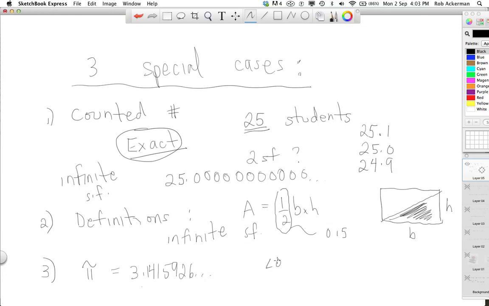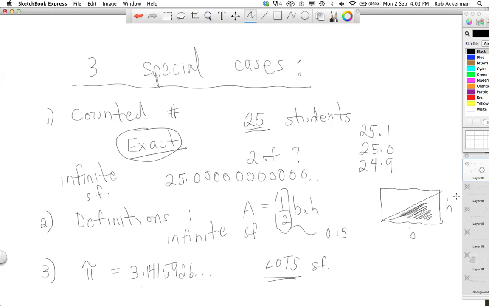So numbers like pi, numbers that mathematicians work at a lot, they have lots of sig figs. You will never have to say, oh, it's only got 3 sig figs or 4. Numbers like pi have lots and lots of sig figs. They're almost like the definitions, which have infinite sig figs or counted numbers that are exact.